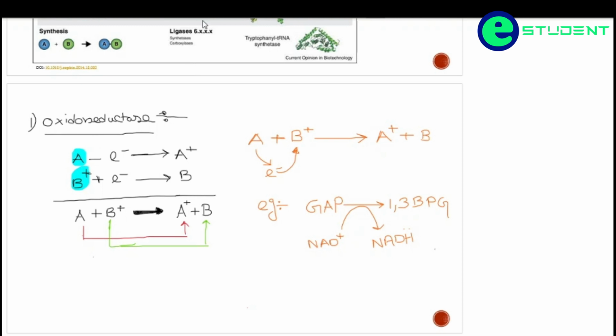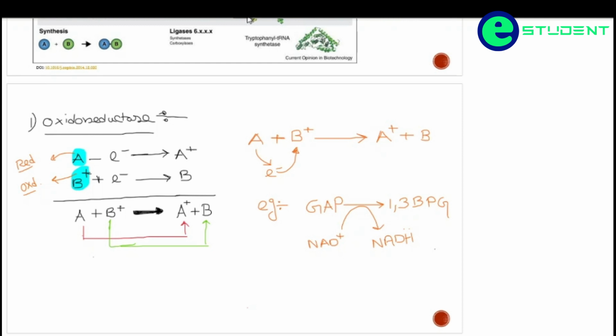Before the reaction, B was in an oxidized condition and A was in a reduced condition.